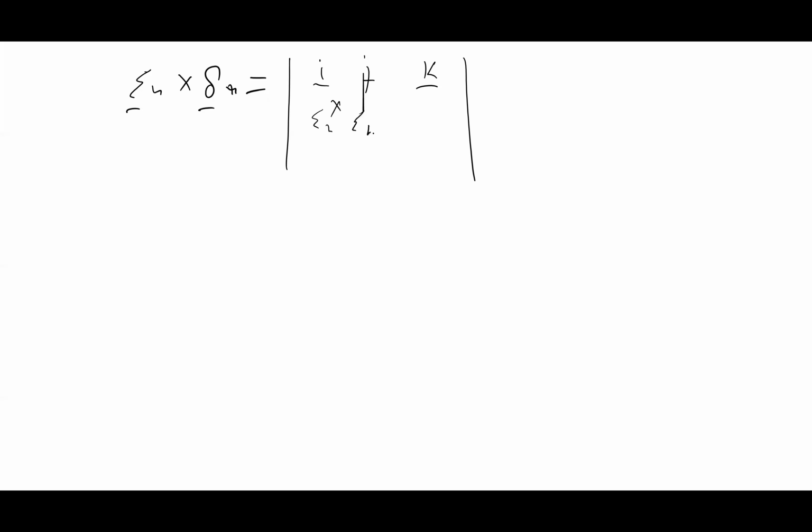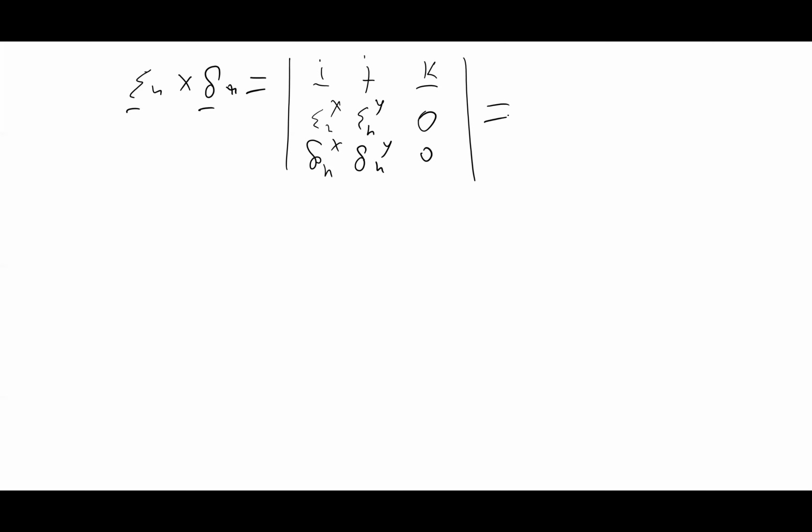And therefore, this cross product of epsilon_n and delta_n, again from the definition of the cross product, will be the determinant of a matrix with entries: here we have unit vectors i, j, and k; here will be epsilon_n x, epsilon_n y, 0; delta_n x, delta_n y, 0.